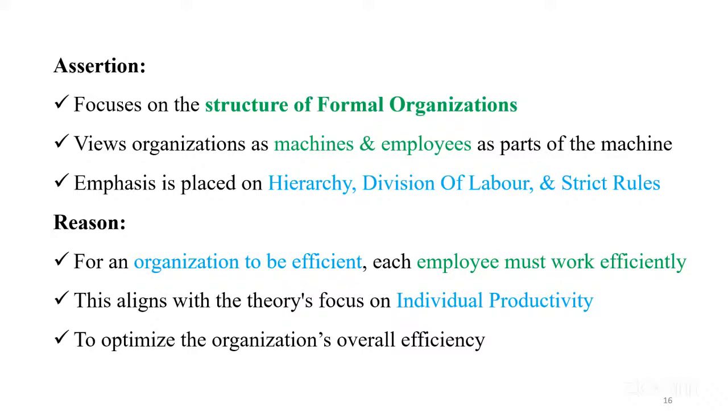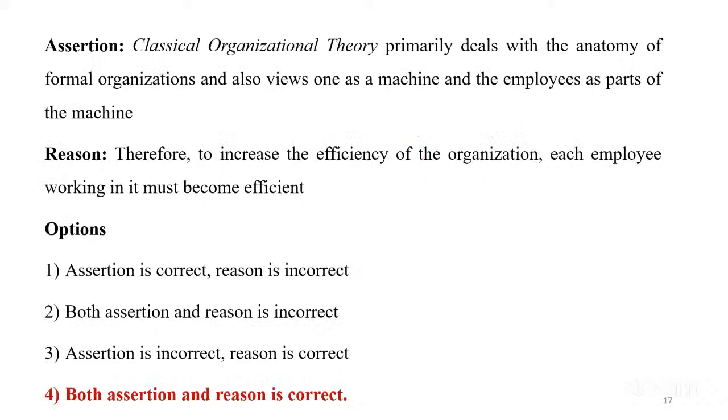It emphasizes hierarchy, division of labor, and strict rules. The reason is that for an organization to be efficient, each employee must work efficiently. So, of course, both assertion and reason align with the theory of individual productivity. So, we can say that both assertion and reason are correct. This question was from the theory of individual productivity.